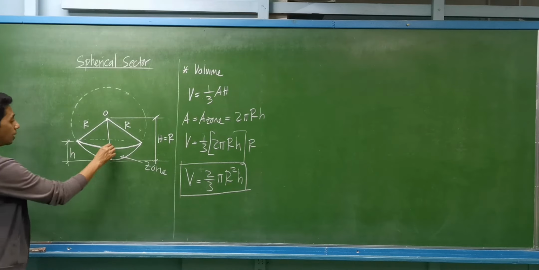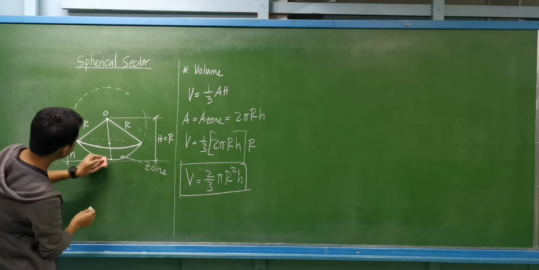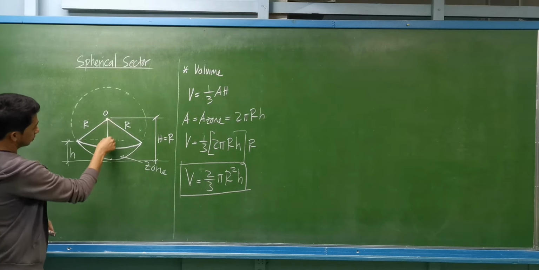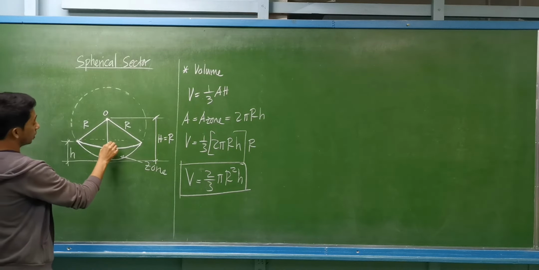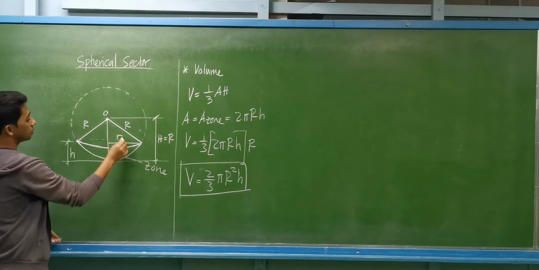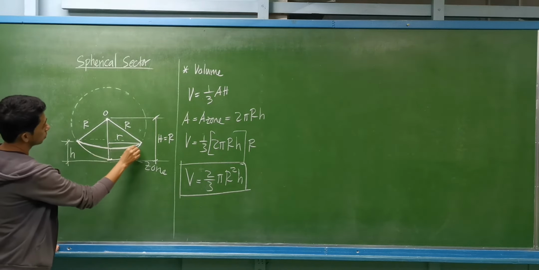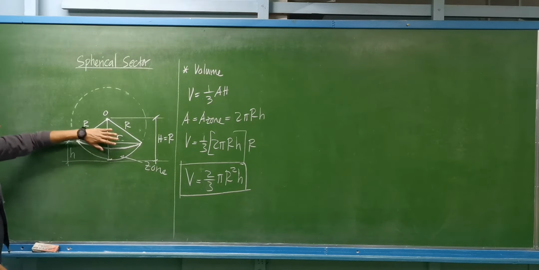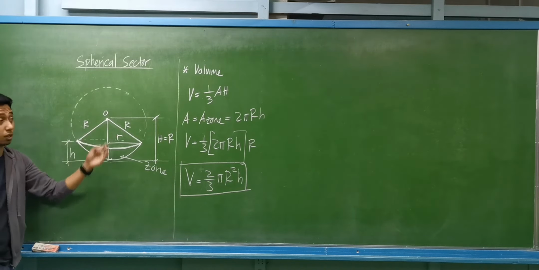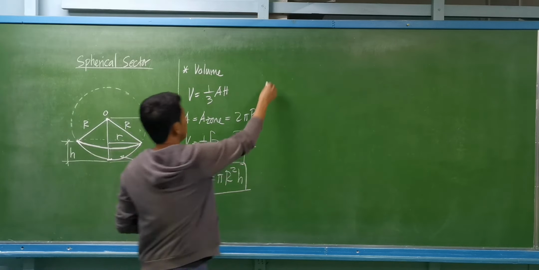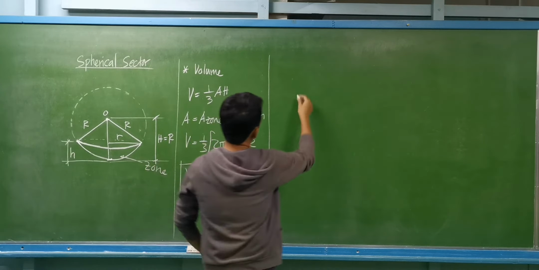So take note that we have another r this time. Let's have small r, that is the radius of the spherical zone. If you are to remove the cone from the spherical sector, it will appear like this.